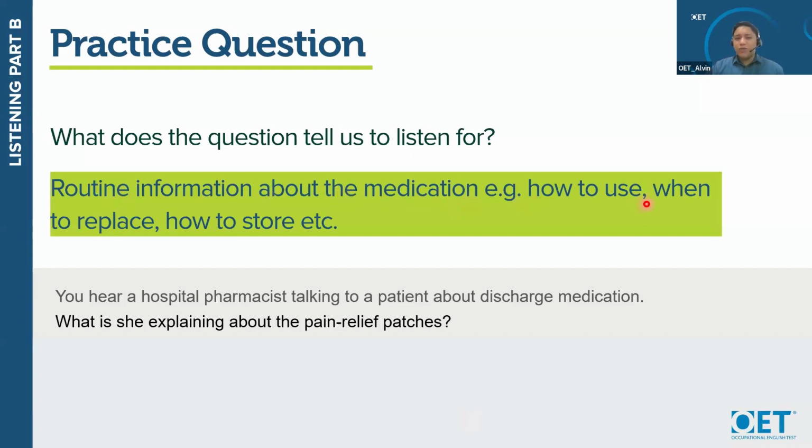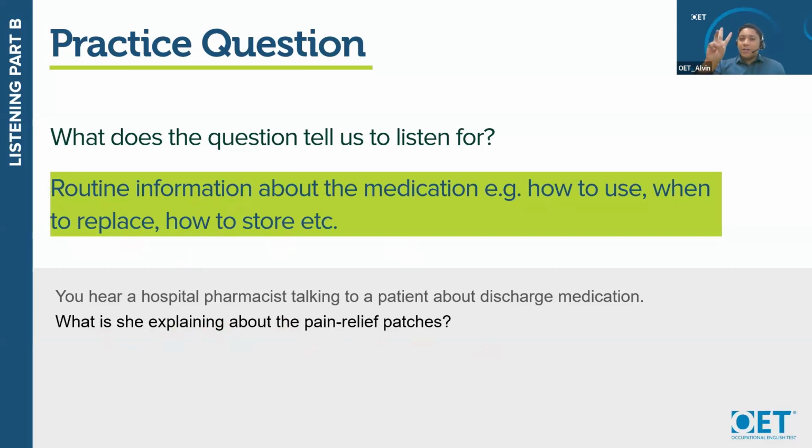For example, how to use, when to replace, or how to store, etc. Right? But there might be other ways to answer this. It could be one of the many answers. What is she explaining about pain relief patches? So you got the word explaining. So therefore, it could be routine information, right? How to use, when to replace, and how to store. So I think we're done with the question.